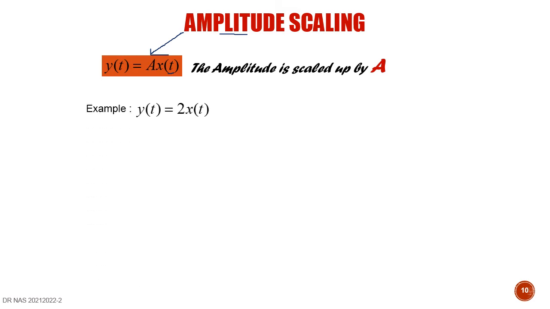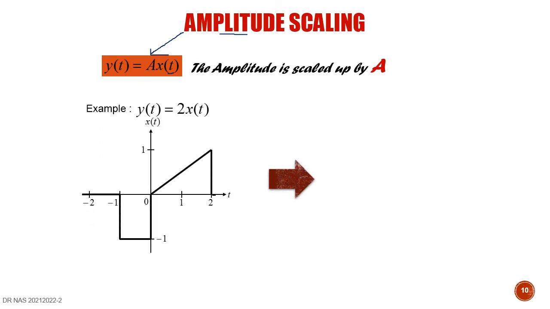If you have a signal given by this figure, draw how the new signal looks when the new function is given by 2x(t). The 2 means that the amplitude of the original signal will be scaled up by 2.